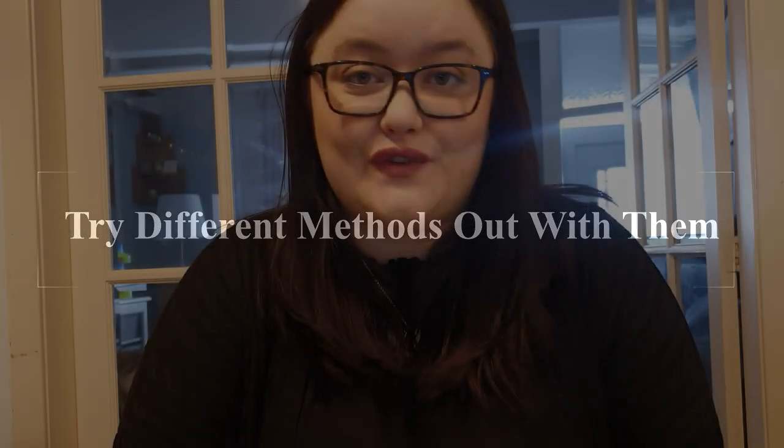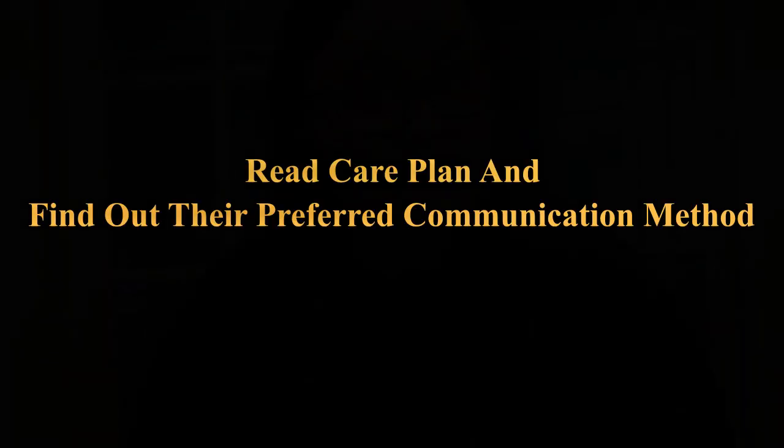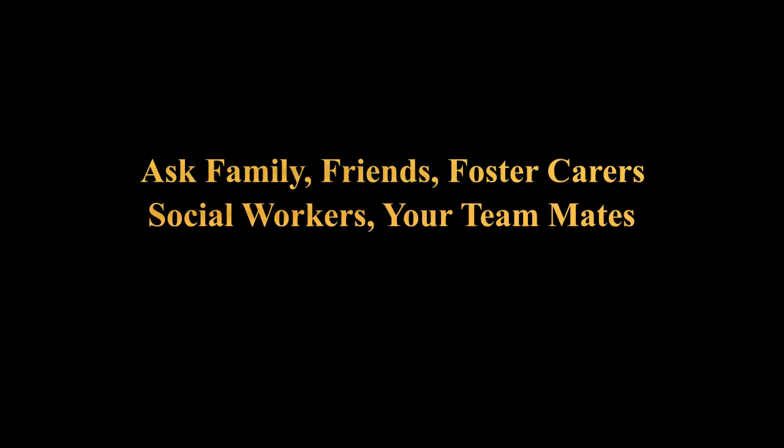So when we're thinking about outlining this question, I would like you to write 2 to 3 sentences there. So in order to identify a person's individual communication methods, I would say, try different methods out with them, read the care plan, see what their preferred method is, ask mum, ask dad, ask their carers if they're in care.